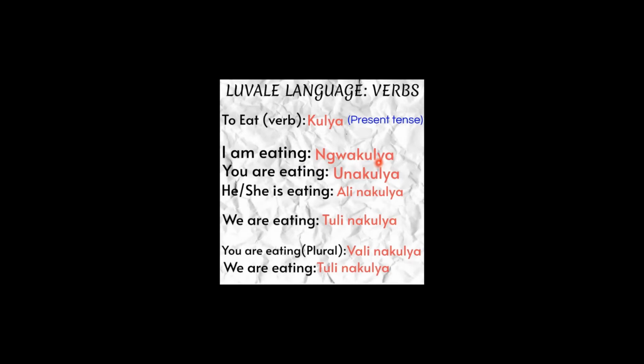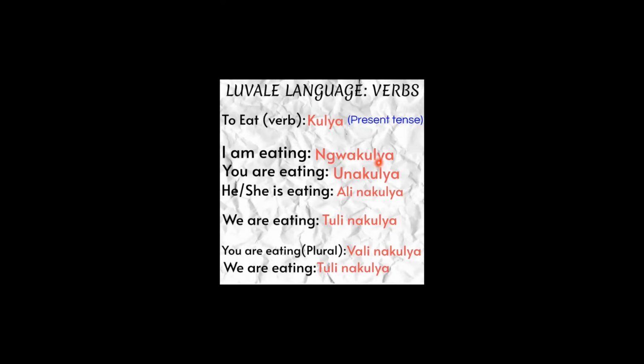Yes. Can you also say ngulinakulya? Ngulinakulya. Yeah, that's also correct. Ngulinakulya, ngunakulya, ngwakulya. All these describe the action. If you say ngulinakulya, it's more of you are in the process of eating.